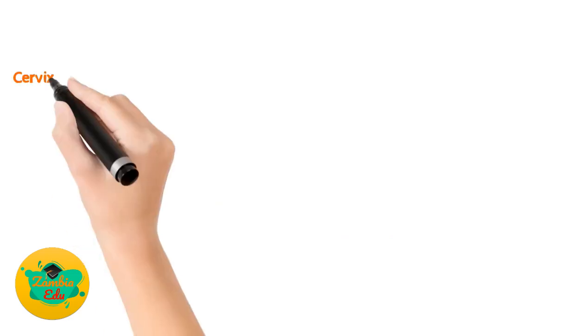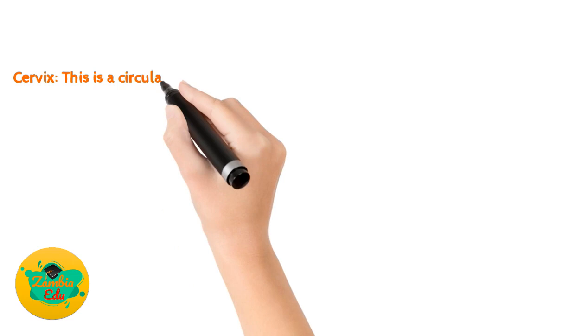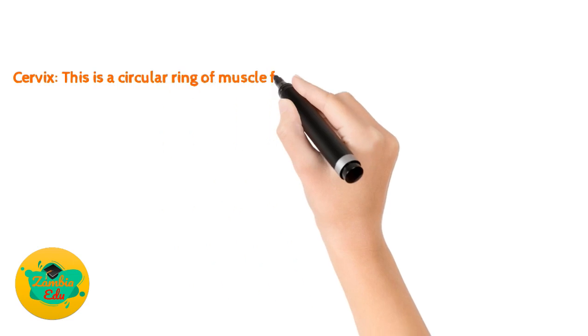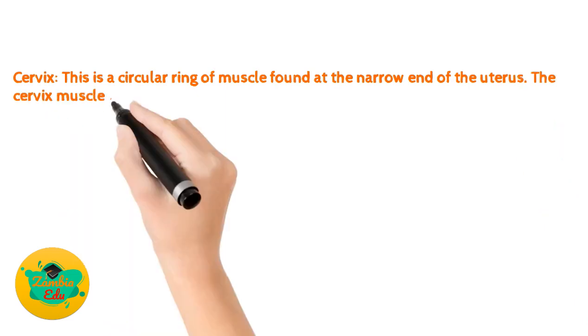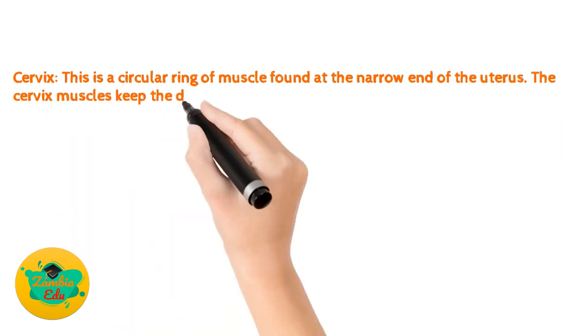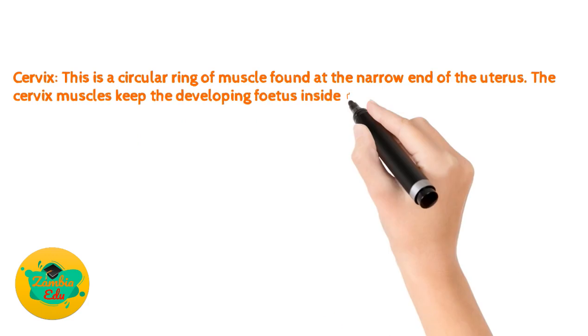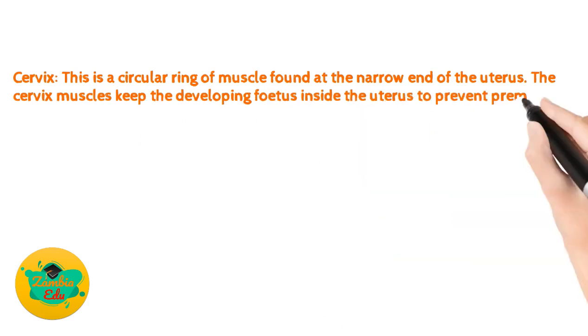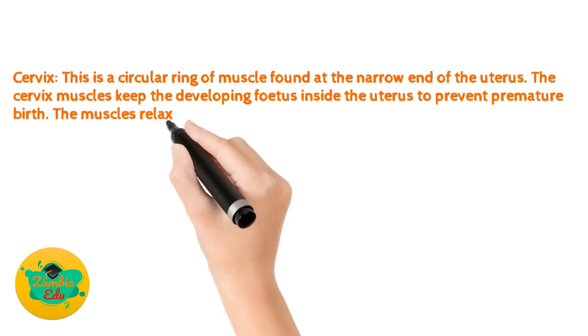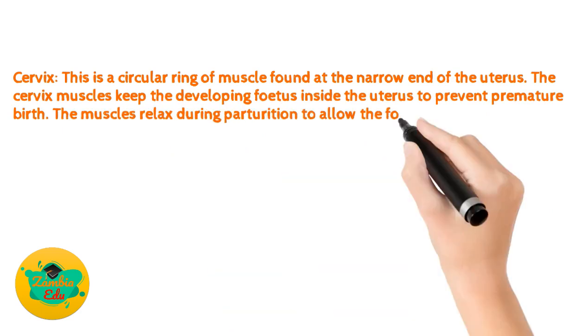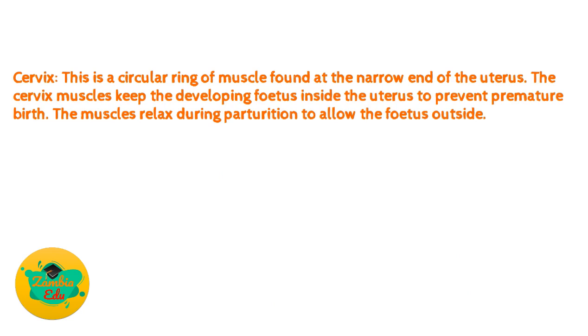The cervix. So the cervix is a circular ring of muscles found at the narrow end of the uterus. The cervix muscles keep the developing fetus inside the uterus to prevent premature birth.